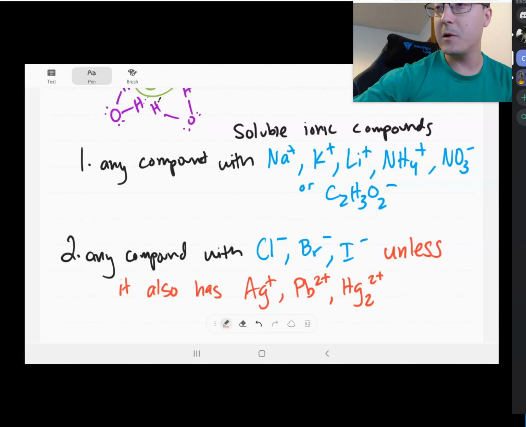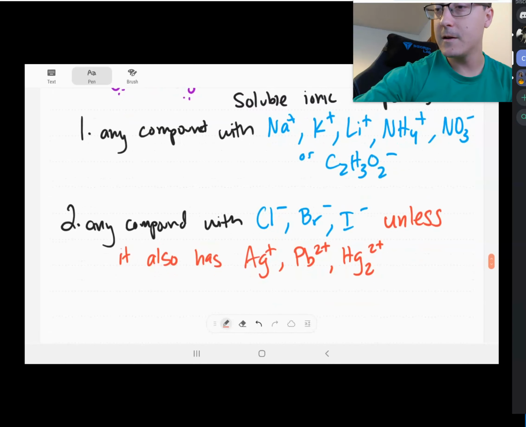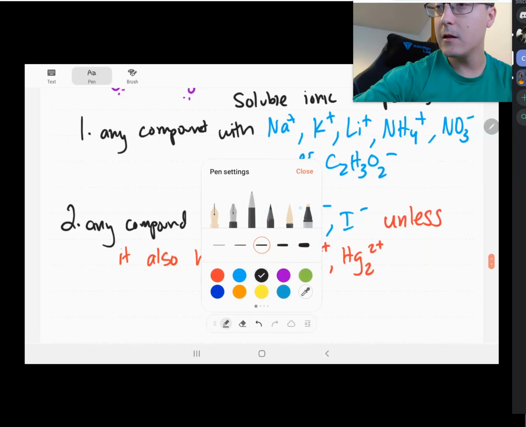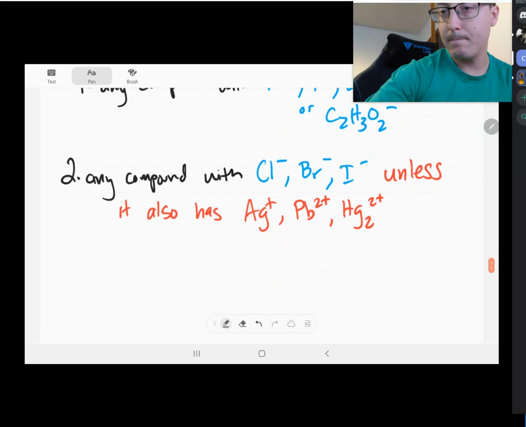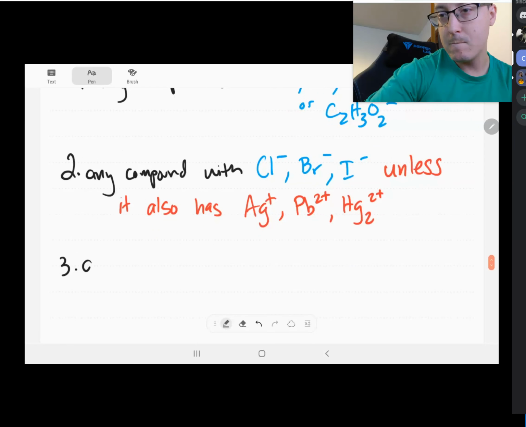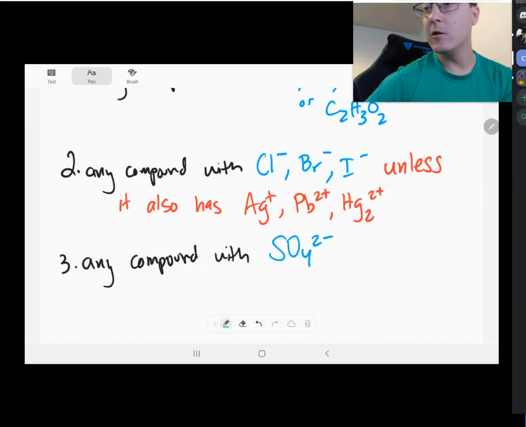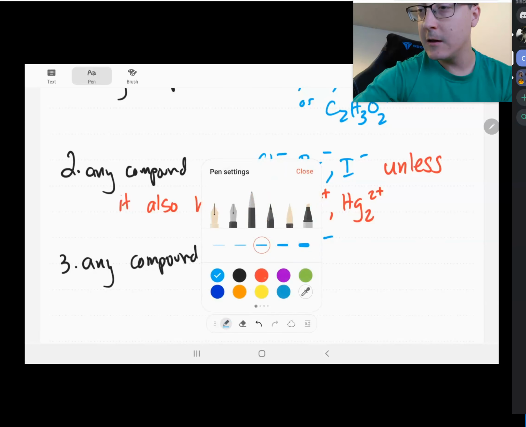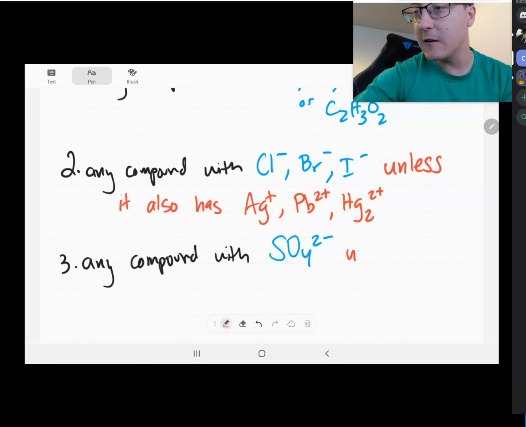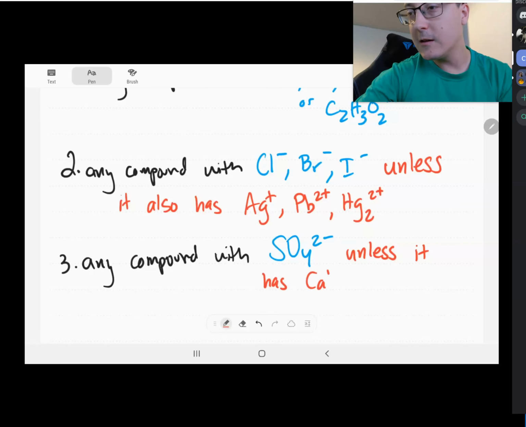Okay, and our third one: any compound with sulfate, we have some unlesses here, unless it has calcium.